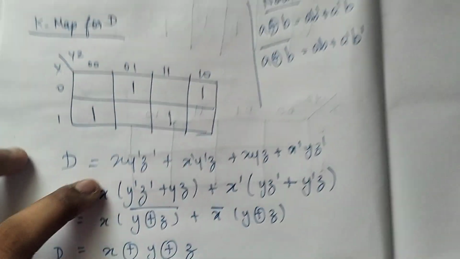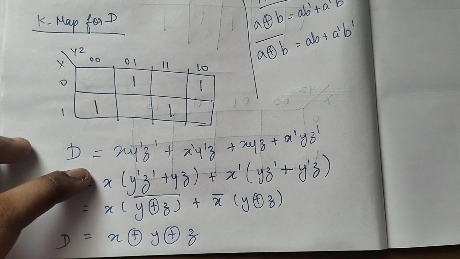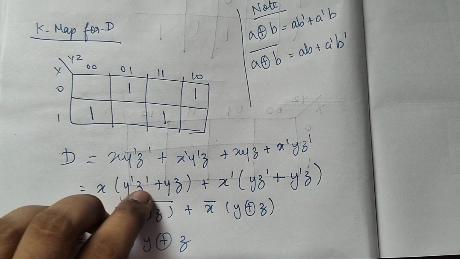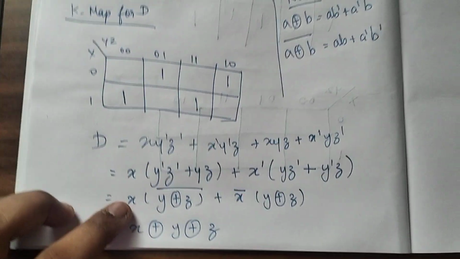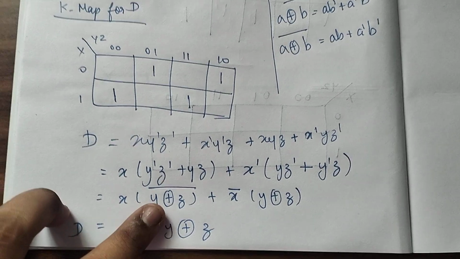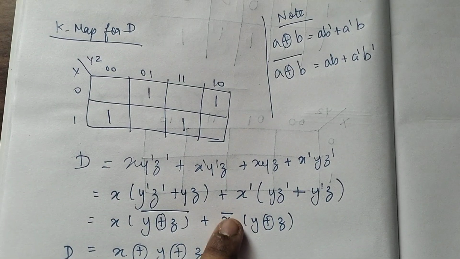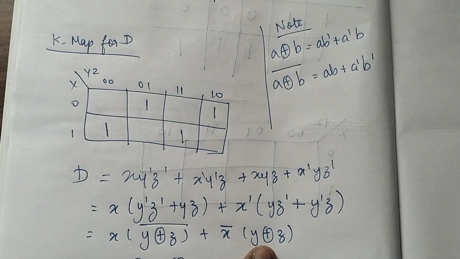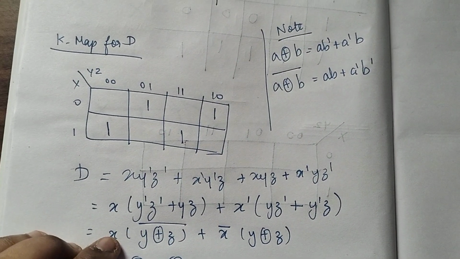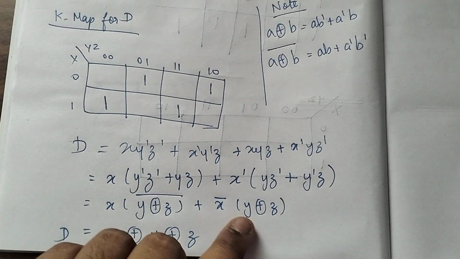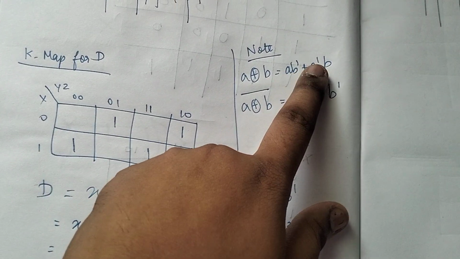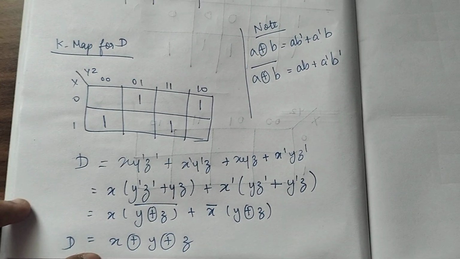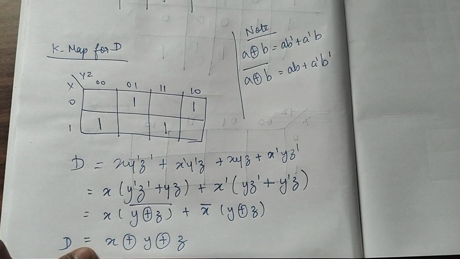So coming back to this expression we had, you can see that this is nothing but Y XNOR Z and this is Y XOR Z. So that's what I've written here, x times y XNOR z plus x' times y XOR z. And again you can see this is something into something complement and the first thing complement into the second thing, which is again of this form. So it eventually boils down to x XOR y XOR z.